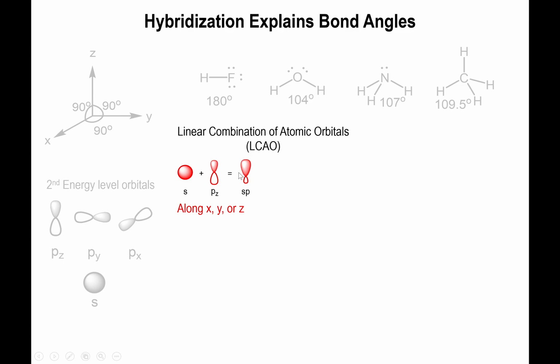Notice that we have a region of higher electron density because you have areas of equal shading, but the area that has opposite shading ends up having a lower electron density.